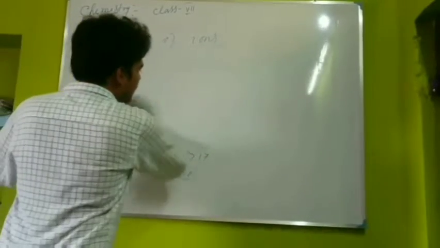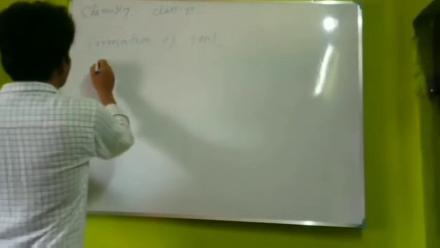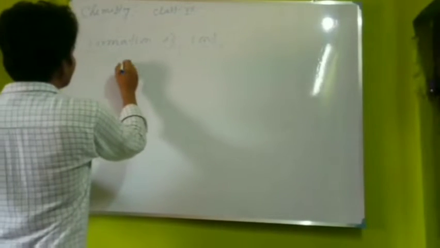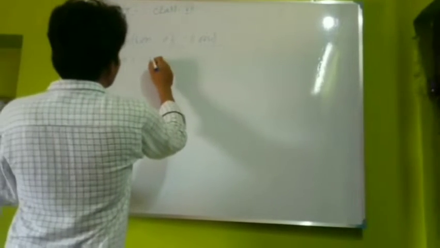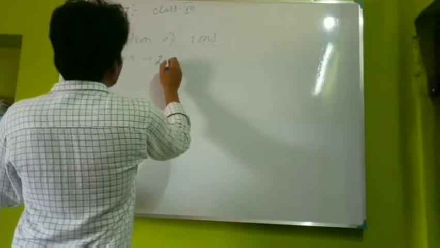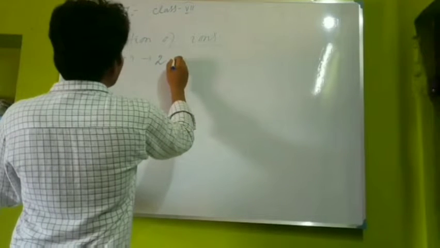Now let's see the formation of the anion of oxygen. For oxygen, the atomic number is 8 and the distribution is 2, 6.